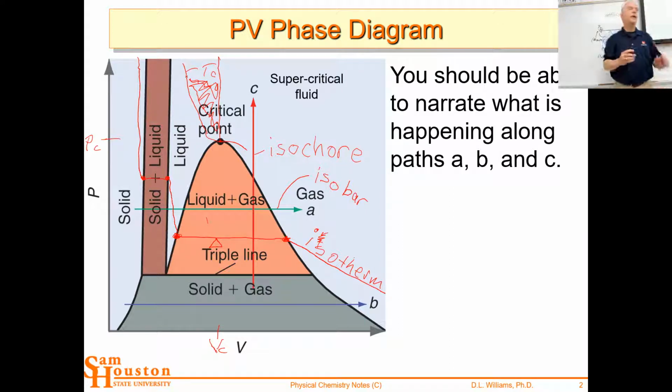Make sense? So to the right of that, it's still a gas. It's a less dense fluid, and eventually it becomes what we would call a gas. But there's no phase boundary. We would draw a line there if there was a phase boundary.